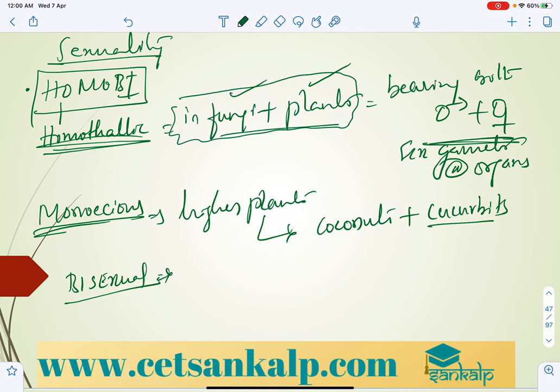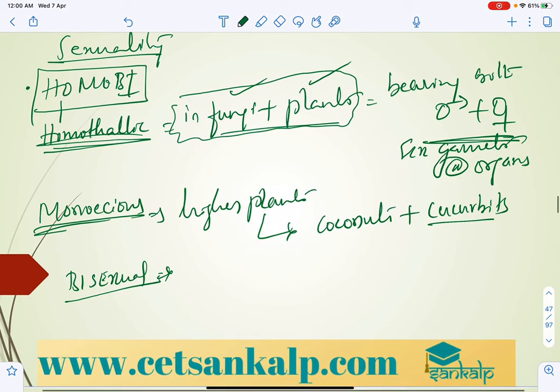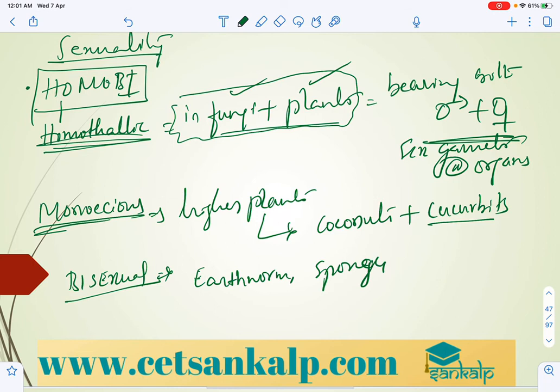In lower animals, generally we use the term hermaphrodite. Bisexuality is there in the earthworm, tapeworm, sponge. NCERT examples are very important. Tapeworm and one more, that is leech.